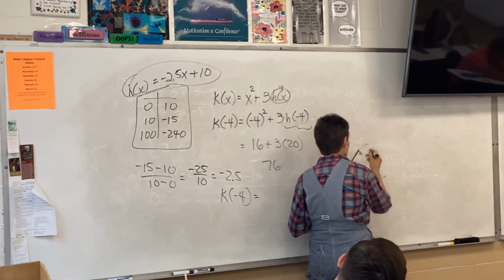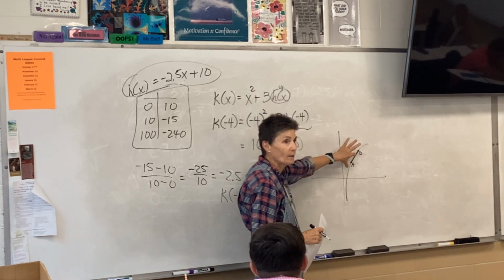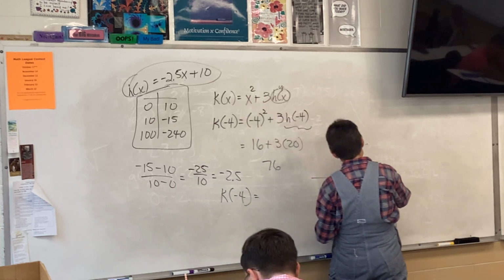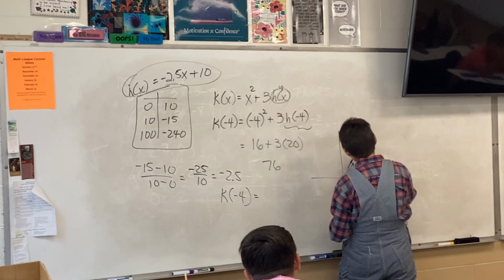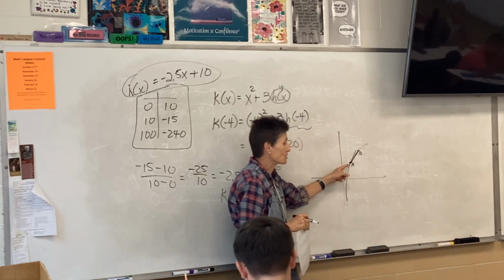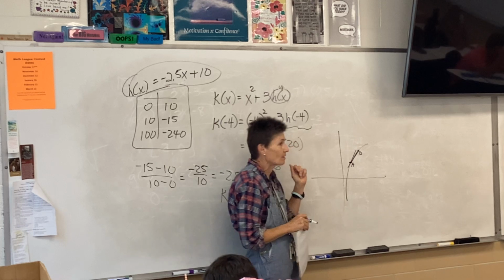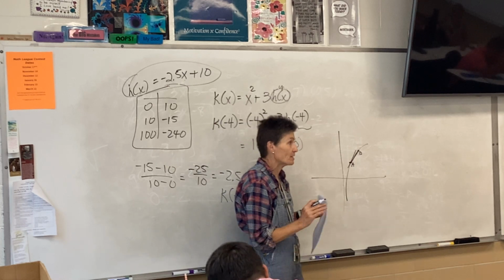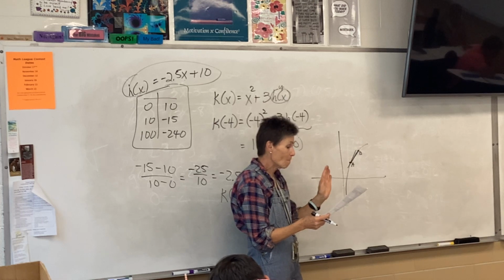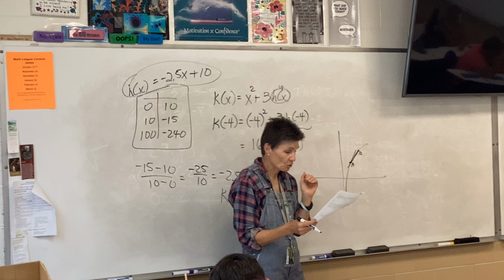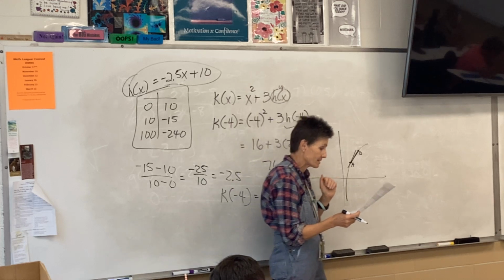Isn't the average rate of change the slope between those two points? The instantaneous rate of change is the slope of the curve just at that point right there. Which is greater? The instantaneous rate of change is greater. There's no math there. You're just looking at the picture and thinking about the tangent lines.